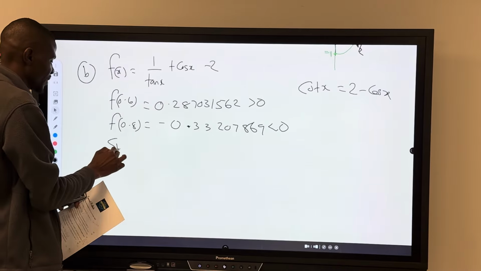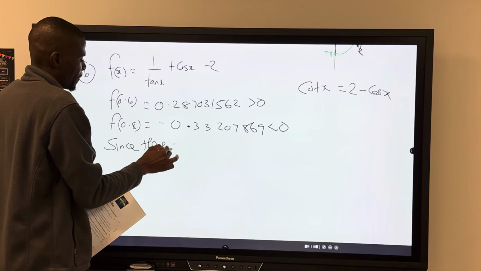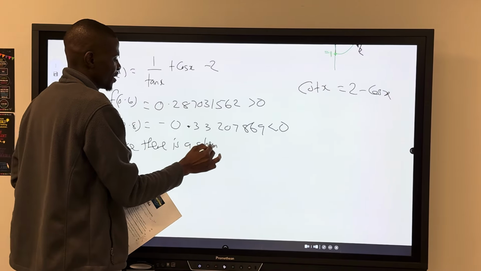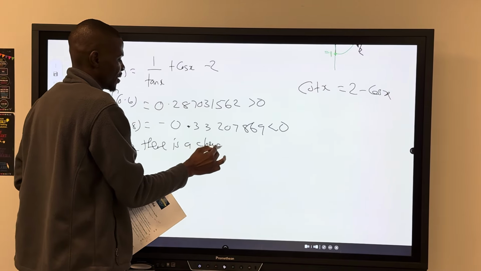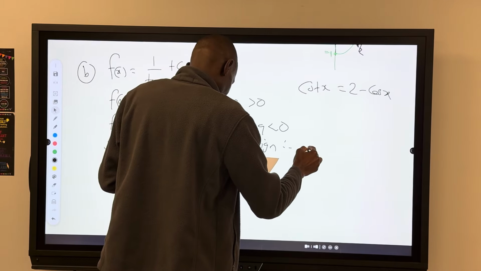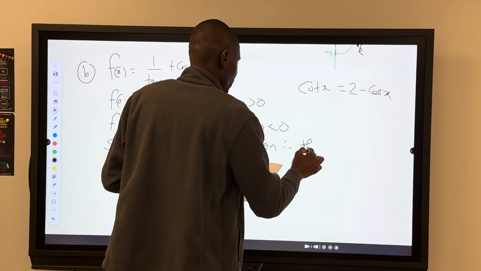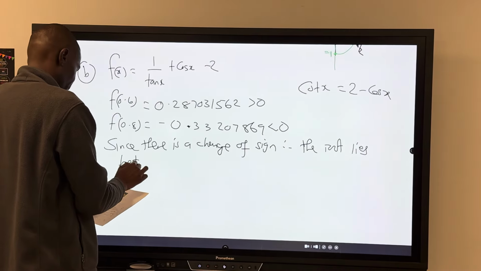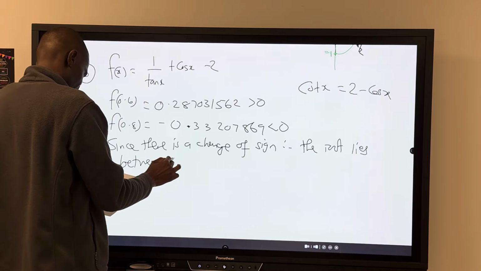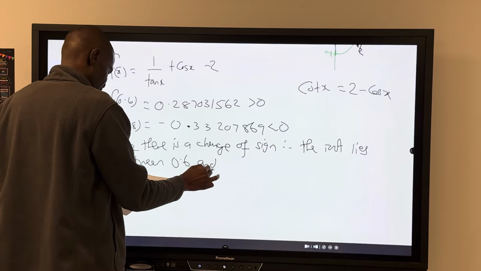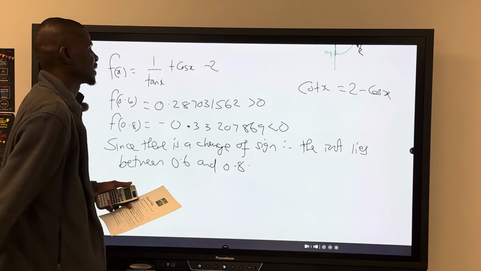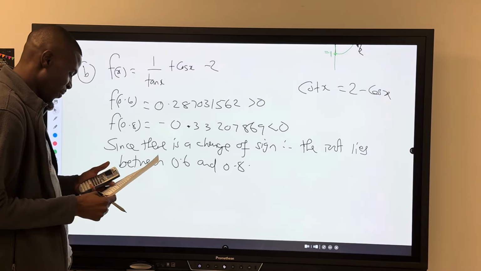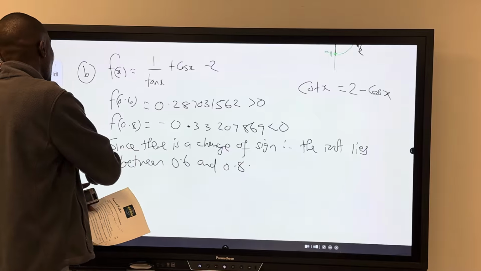Since there is a change of sign, the root lies between 0.6 and 0.8.